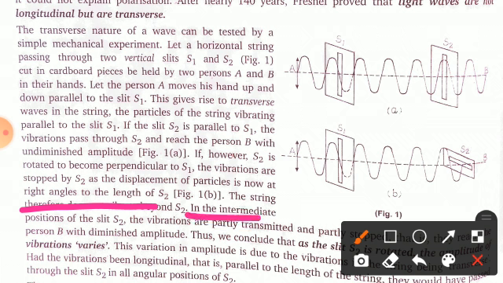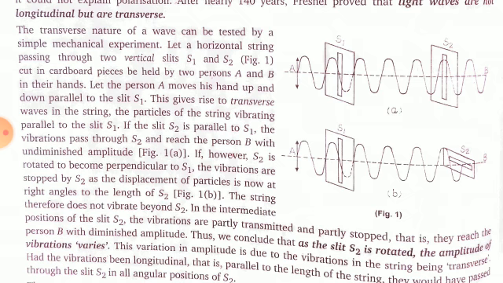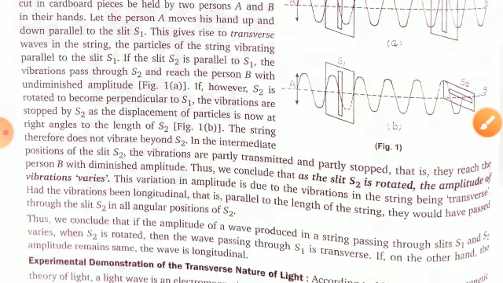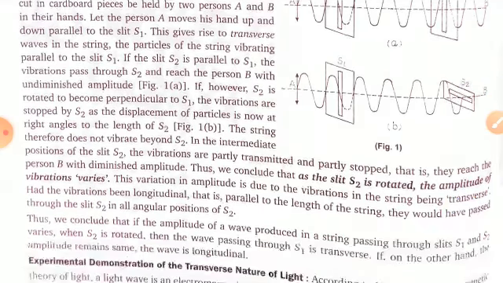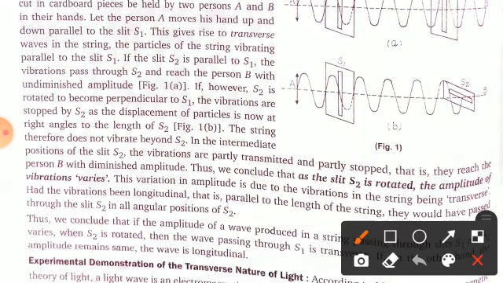In the intermediate position of the slit S2, the vibrations are partially transmitted and partially stopped. So we conclude that as the slit S2 is rotated, the amplitude of the vibration varies.